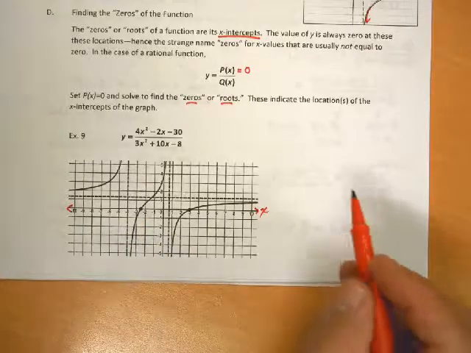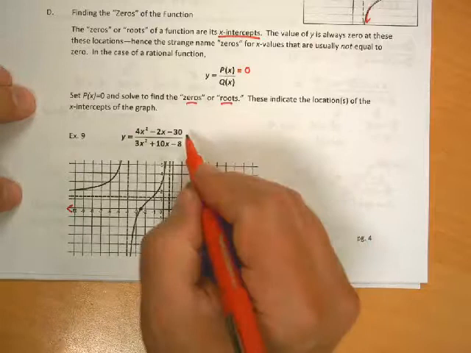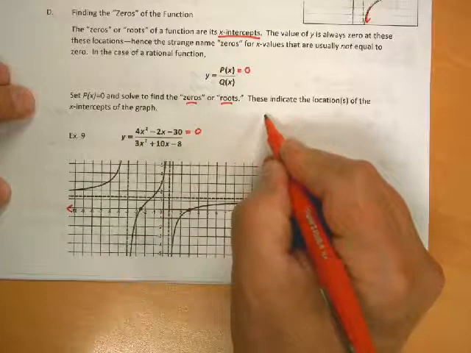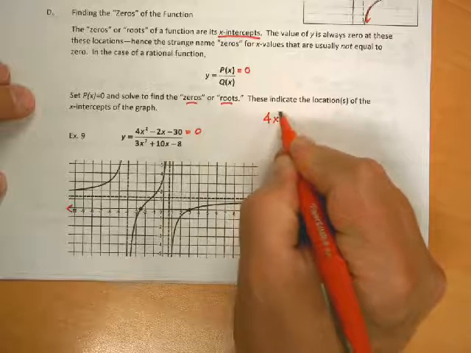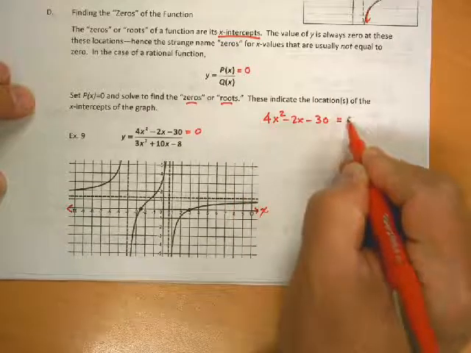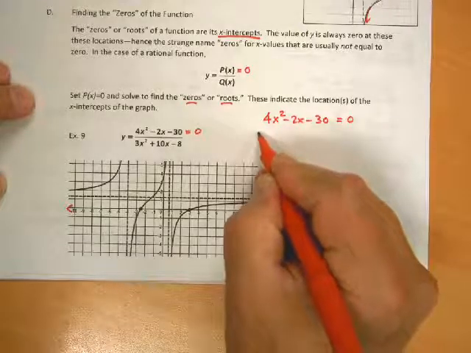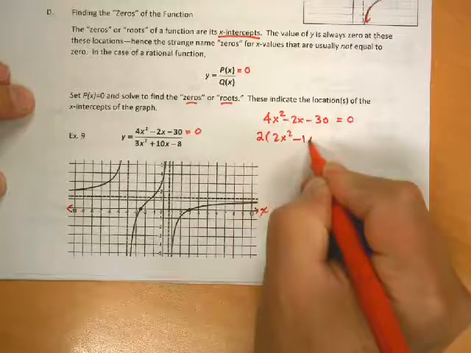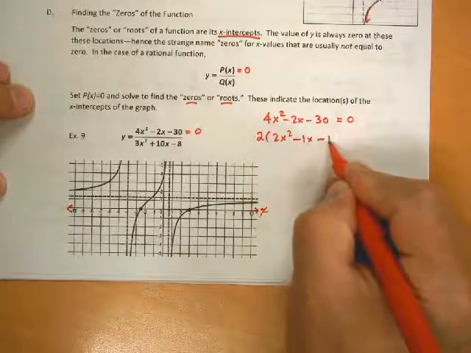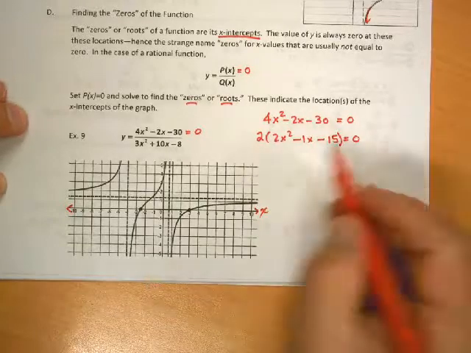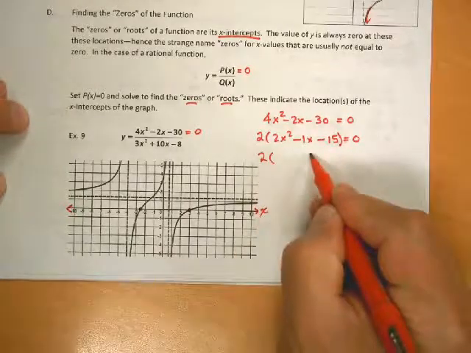The way we're going to find those locations is we're going to set the top equal to 0, and let's see what we can do to solve this. I'm going to try to factor out a 2 here, and I think I can do that pretty easily. And then I'm going to see if I can factor this further.